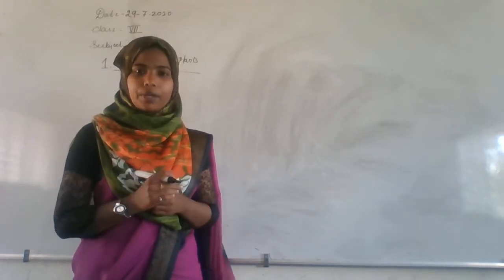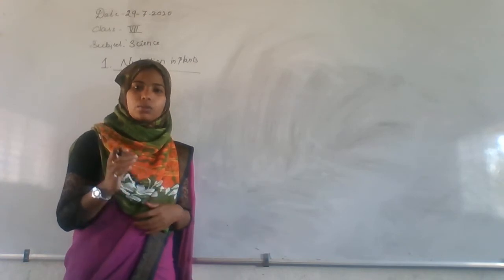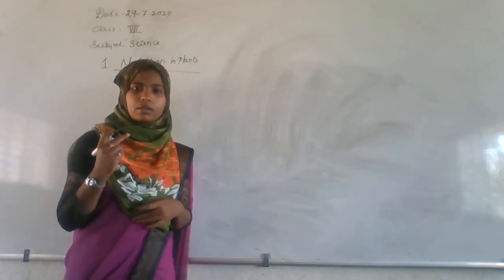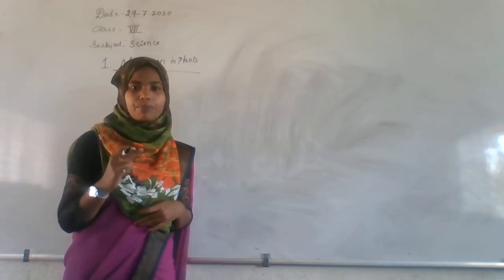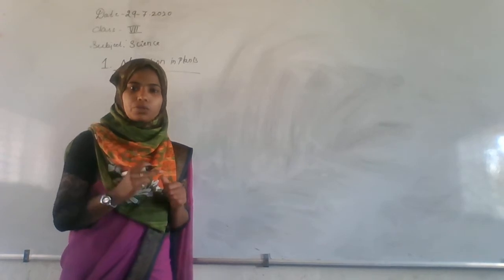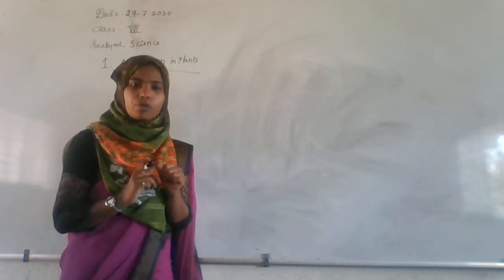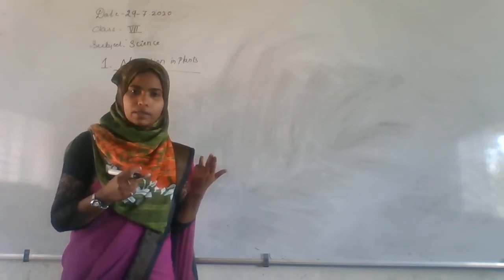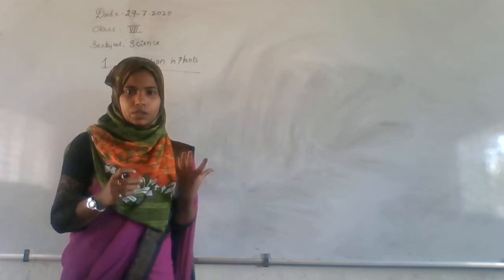Heterotrophic nutrition means the plants do not prepare their own food but depend on other green plants, directly or indirectly, for nutrition. They depend on other plants for their deficiency of nutrition.